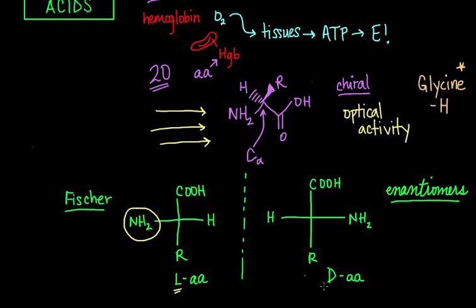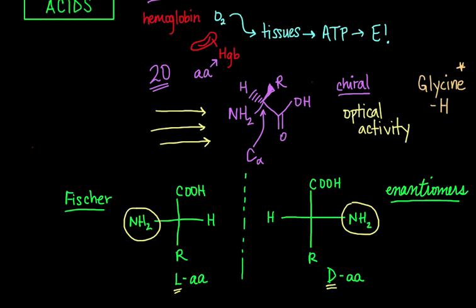Now if I look at the D amino acid, I again look for the amino group, and I see that it's to the right of this configuration. And so D, which actually means dextro, or right in Latin, is for right amino group. And that's kind of how I like to keep them straight.